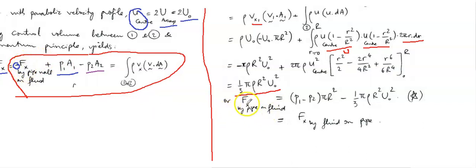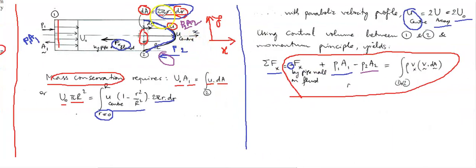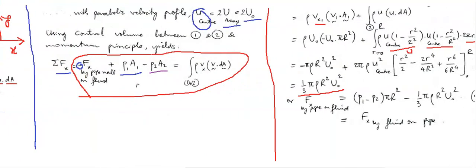So we can write Fx equals P1 A1 minus P2 A2, and minus this value, 1/3 pi rho capital R square u naught square. The area is pi r square, so area A1 and area A2 are the same. We know the pipe radius, so A1 and A2 should be pi r square.